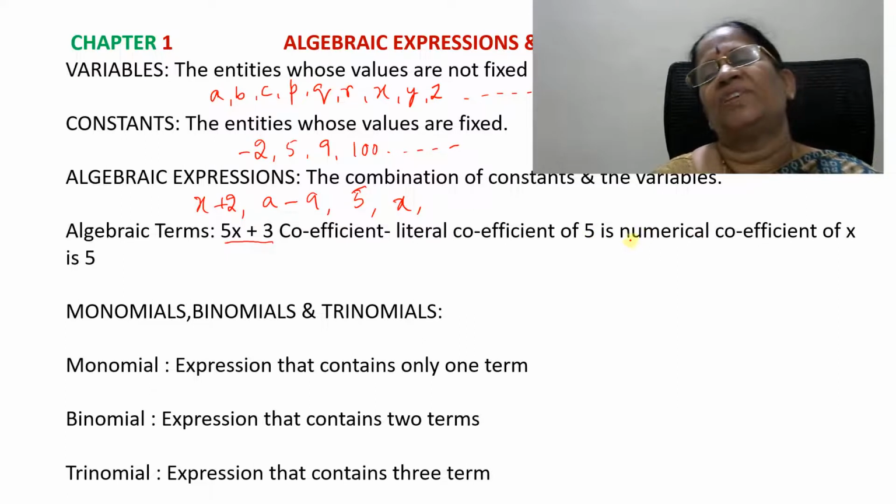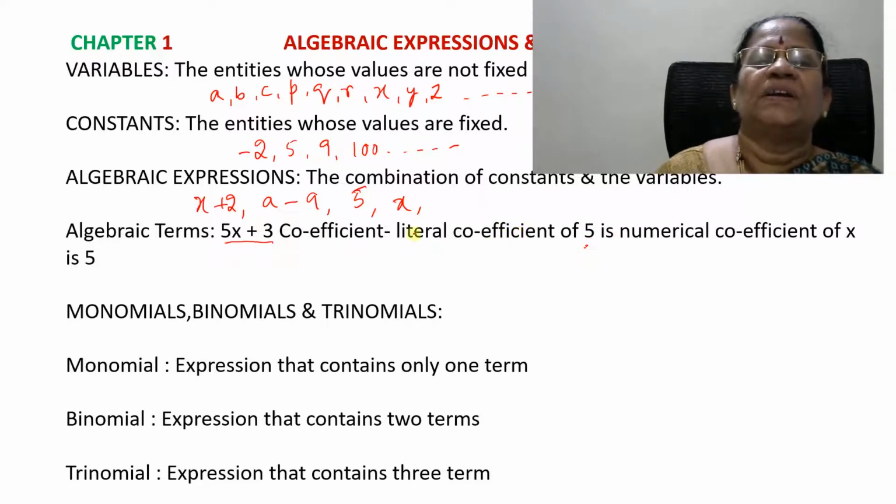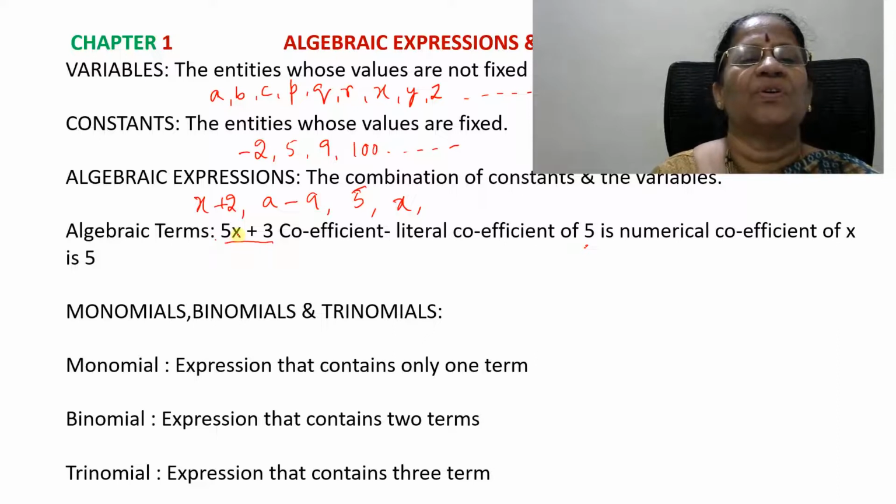The number itself tells you the meaning of numerical coefficient. It will be a number. And literal coefficient means it will be a variable. Here the literal coefficient of 5 is x and the numerical coefficient of x is 5. Of course 3 is a constant term.